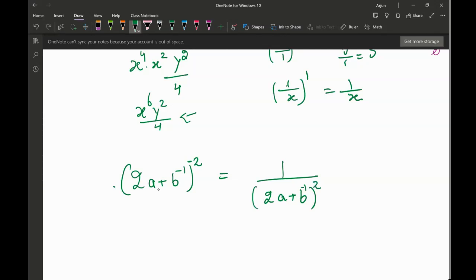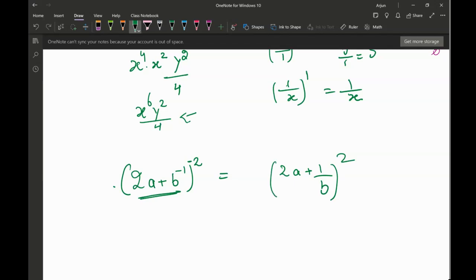You can do this step, or you can simplify within the bracket. Actually, I'll simplify within the bracket because that's what we've been doing. So I'm going to write it as 2a plus 1 over b, and square outside. That's how I'm going to write it.